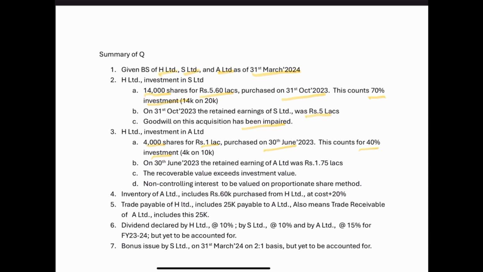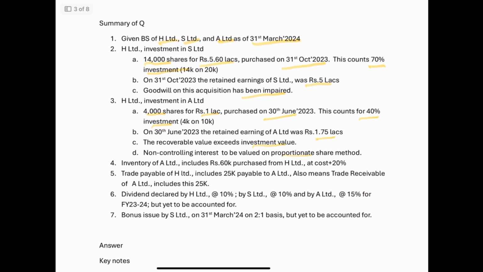On 30th June 2023, the retained earnings of A Limited stood at 1.75 lakhs. The recoverable value exceeds the investment value, which means there is a capital reserve in this case. Non-controlling interest is to be valued on a prorated basis. That is also given, so this is the third piece of information.